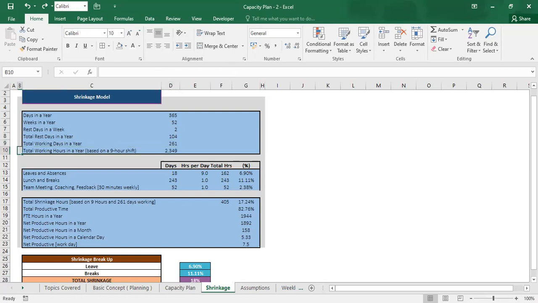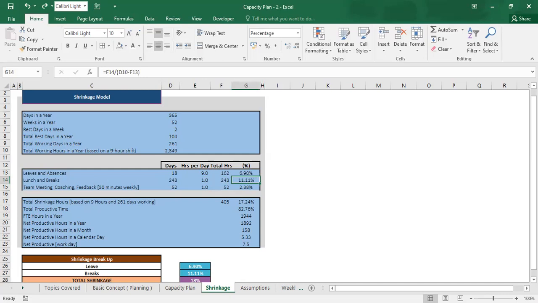Based on the working hours in a day, we have 2,349 hours, and considering that we have 18 leave and absenteeism, so the out of office shrinkage is 6.90, and lunch and breaks considering 1 hour.